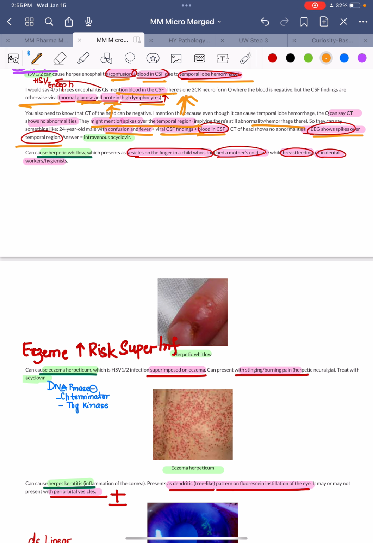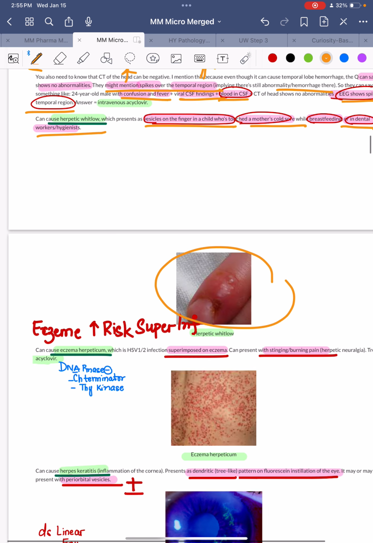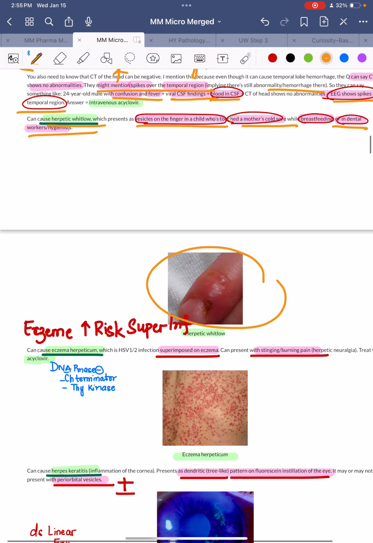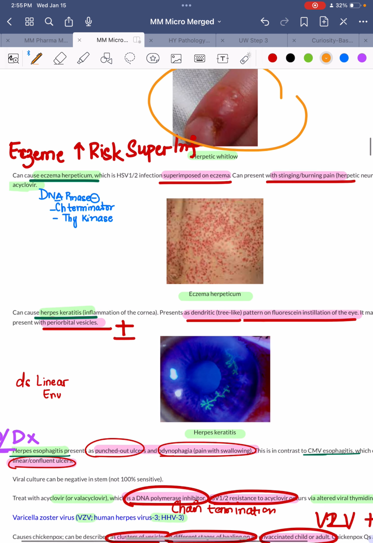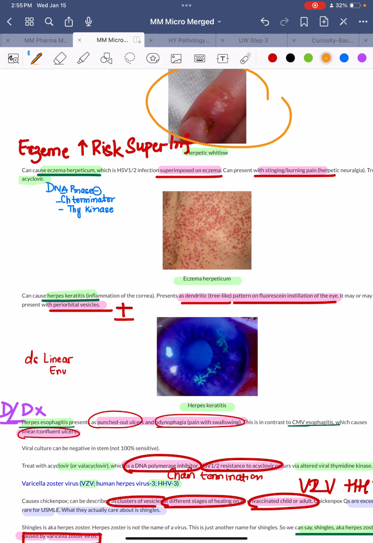And suppose they give you vesicles on the finger in a child who touched his mother's cold sore while breastfeeding, or he was a dental worker or hygienist, and he has developed these painful vesicles on the finger, then the diagnosis is herpetic whitlow, and this is basically caused by the virus HSV 1 and HSV 2.